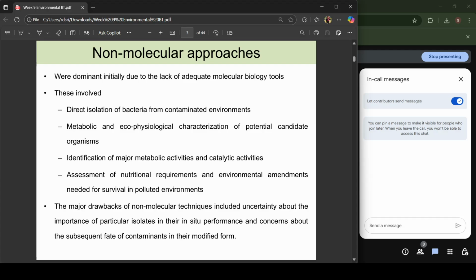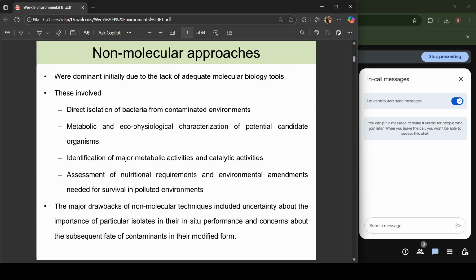The process was very simple, as told. I'll just reiterate. First, people go to a particular site. The scientists collect the sample, do the direct isolation of bacteria, and then go about studying the metabolic and ecophysiological characteristics of that microorganism. By that, they identify the metabolic and catalytic activities.